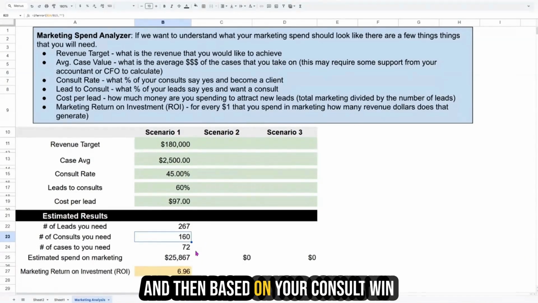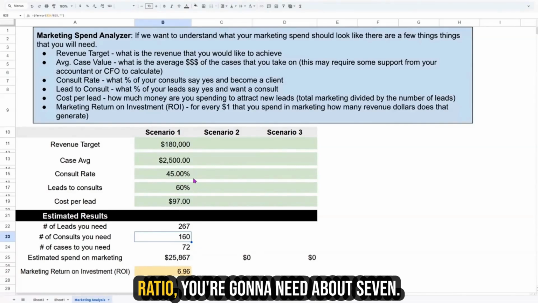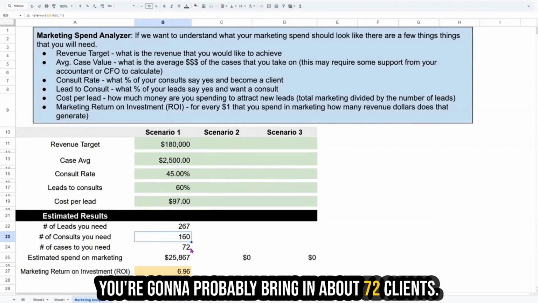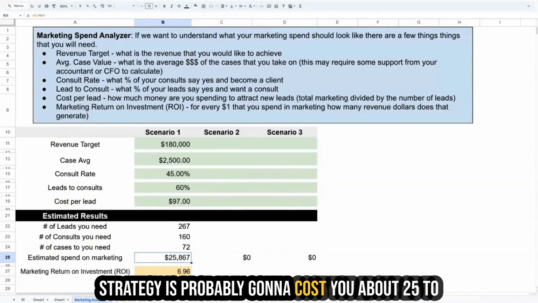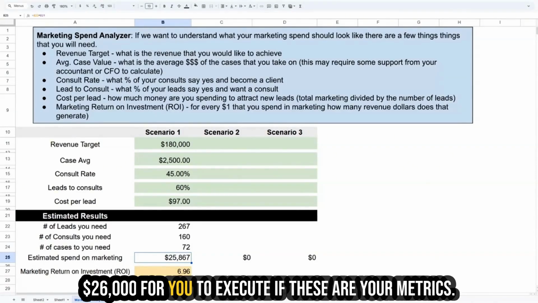And then based on your consult win ratio, you're probably going to bring in about 72 clients. And I can also estimate that this strategy is probably going to cost you about $25,000 to $26,000 to execute, if these are your metrics.